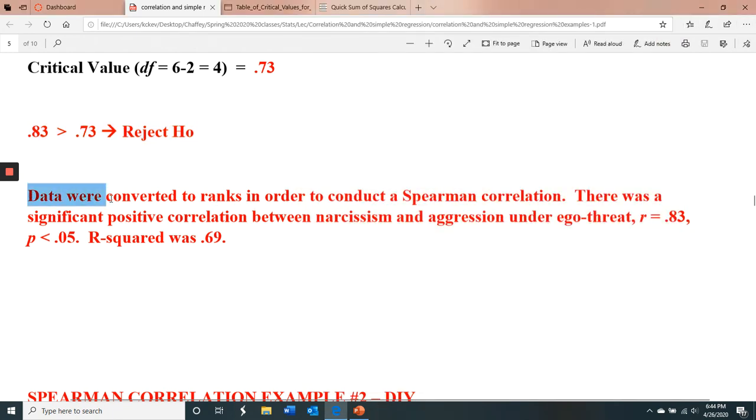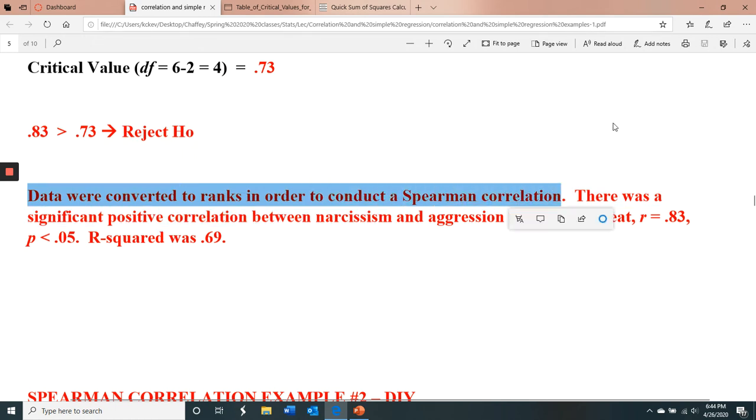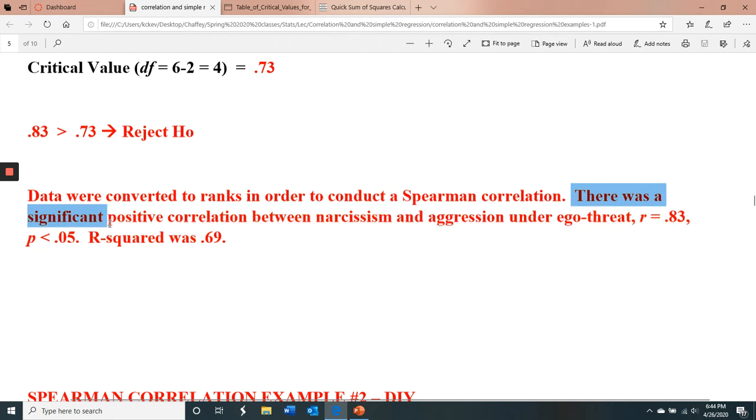So what we do is we just say we converted the data to ranks in order to do a Spearman correlation. So we're doing ordinal data with a Spearman. Then everything's kind of the same format. We rejected H0, so we say there's a significant correlation. Since it's significant, we say the direction is positive. There was a significant positive correlation between what? Between narcissism and aggression under ego threat.